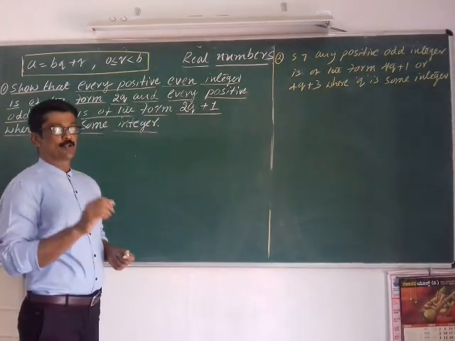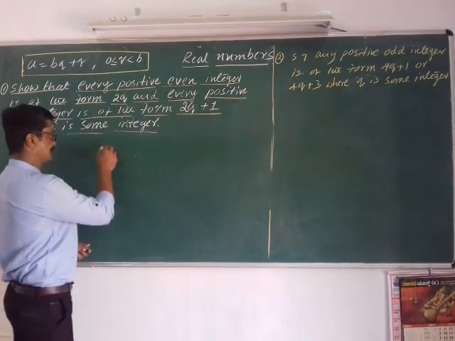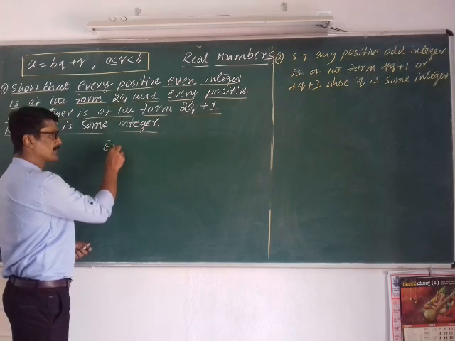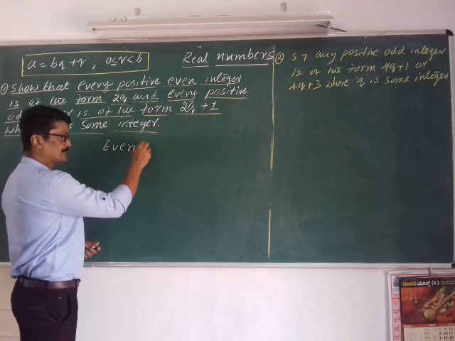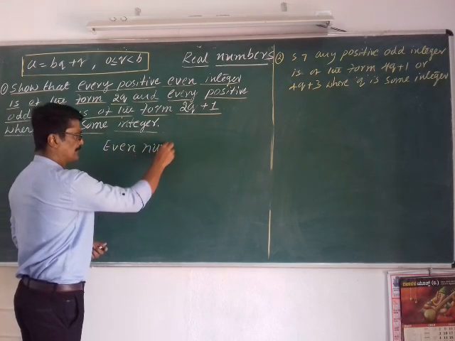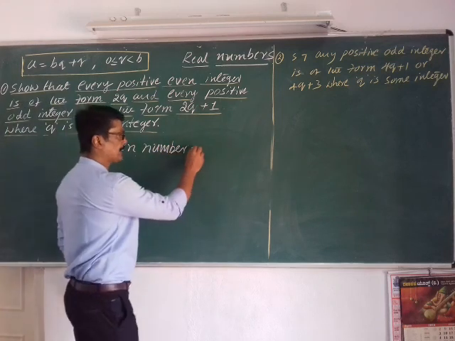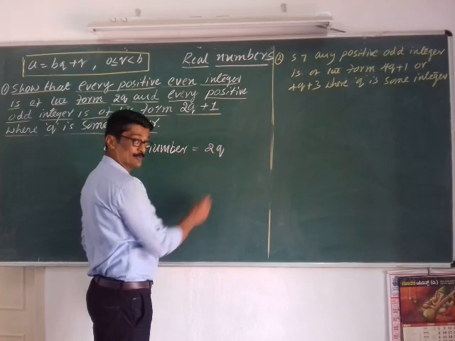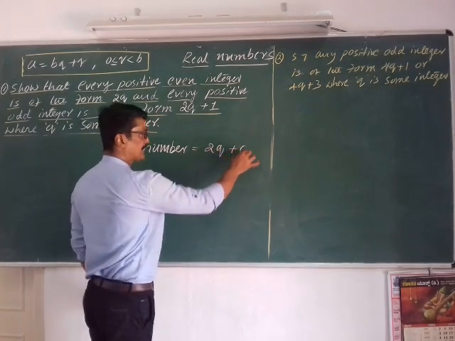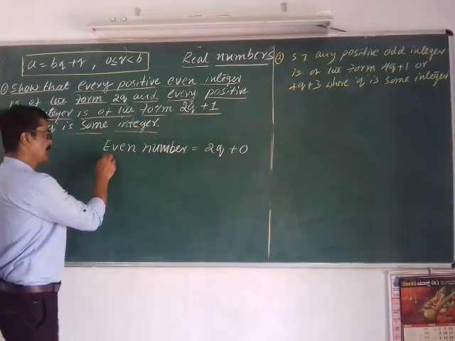Students, you are asked to show that if you take an even number, that is a positive even integer, it is of the form 2q. For convenience, I write 0 here.